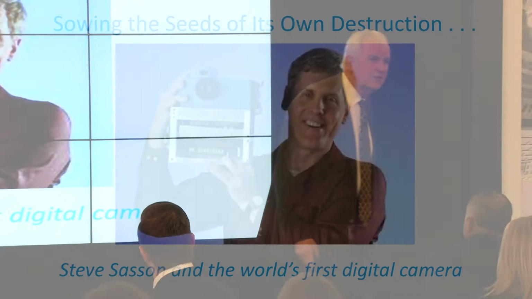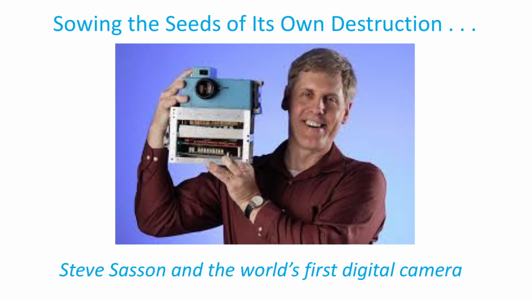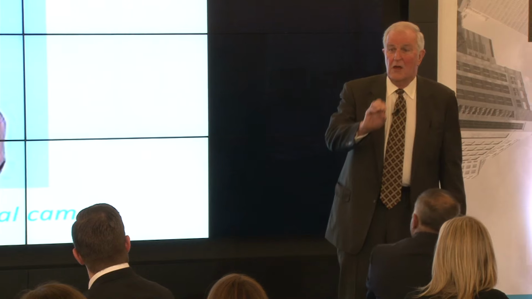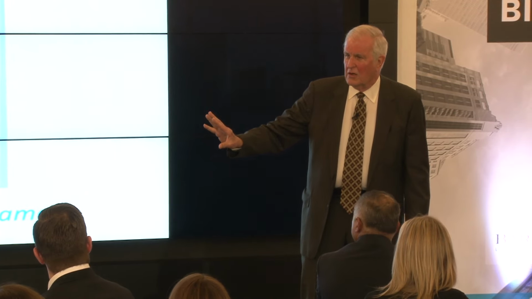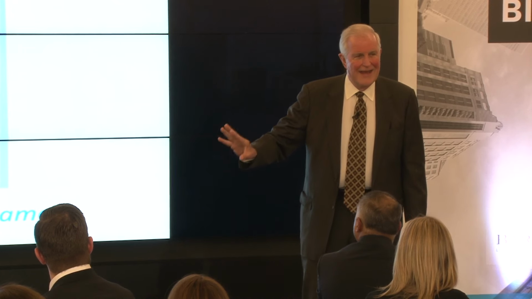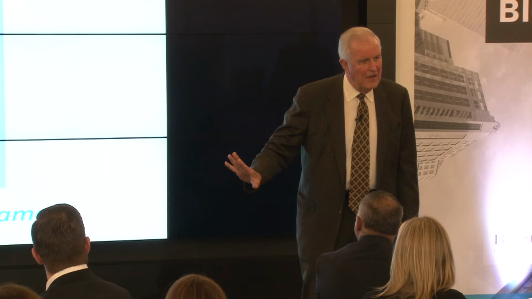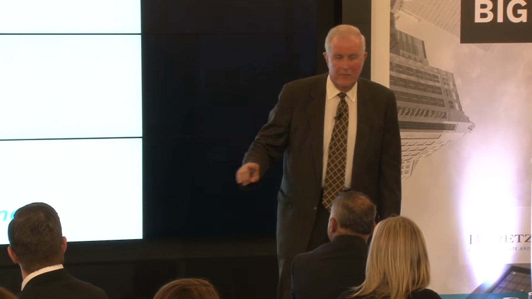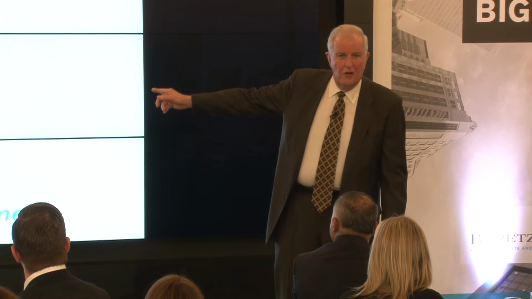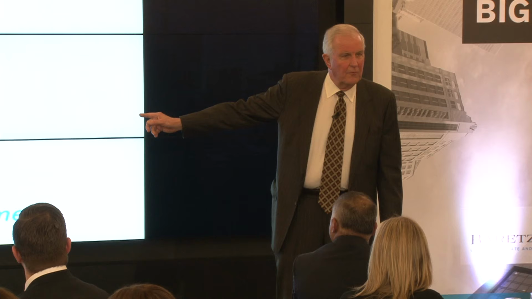Back in the early 70s, a fellow named Steve Sasson, who was an electrical engineer in the Kodak labs, and a team of people began to put together electronic components to see if they could project a picture on a screen. And lo and behold, it worked. And in December 1975, they introduced the first digital camera ever made. Here's a picture of Sasson holding it. It was pretty clunky at that point.